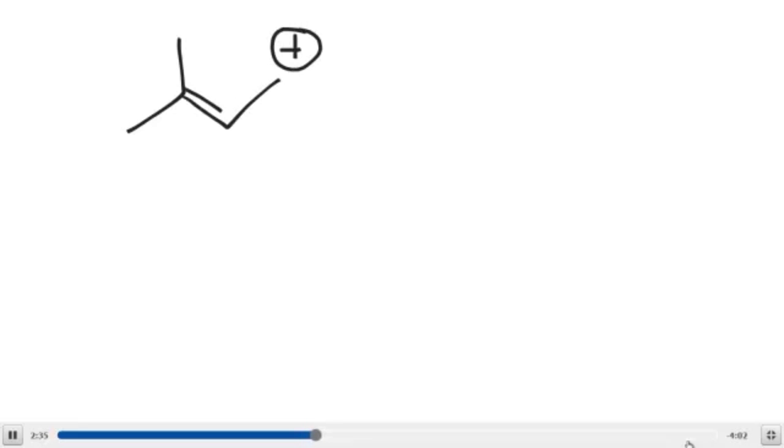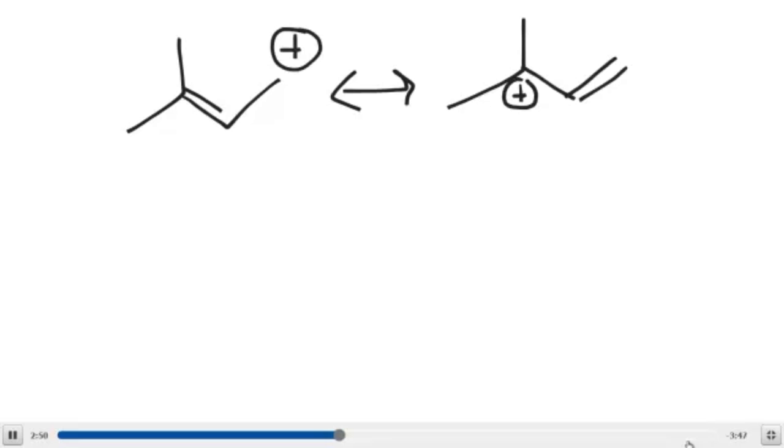This is one of the resonance structures, the one you would expect to draw right off the bat. But because it is an allylic system, and you have this conjugated pi system, there is resonance delocalization of this positive charge onto the tertiary carbon. So this is a more stable carbocation than any of the ones we've seen previously. It's not a primary carbocation, it's not a secondary carbocation, it's not a tertiary carbocation.